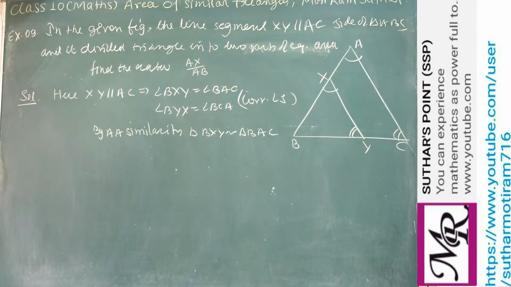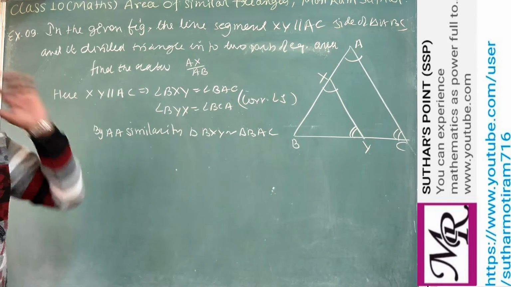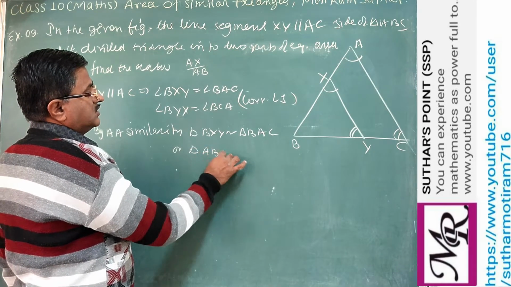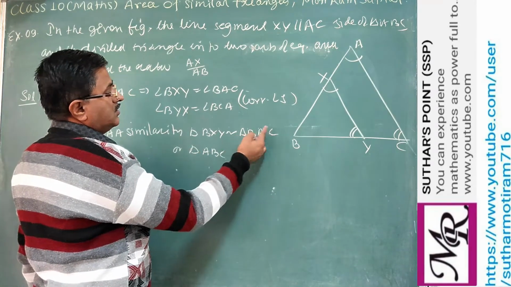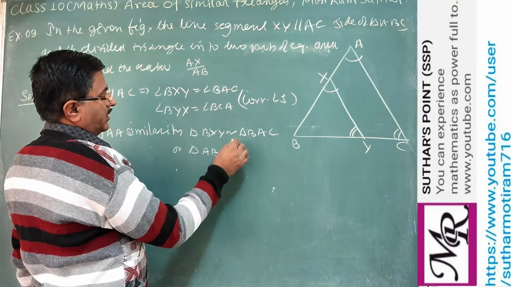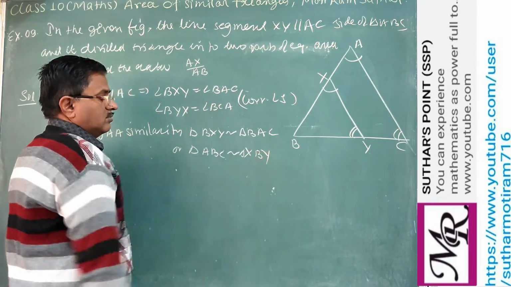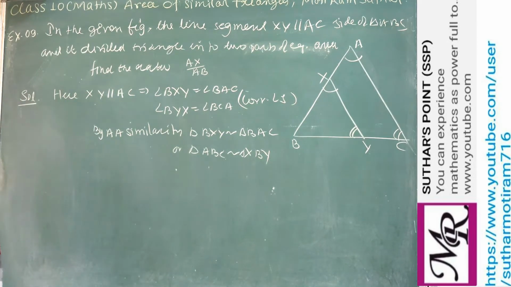These two triangles are similar. Clear? Or you may write the order in this way: triangle ABC is similar to triangle XBY.